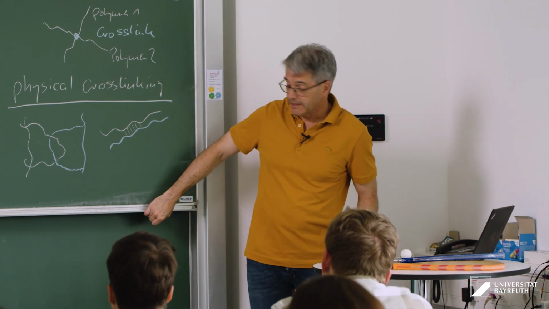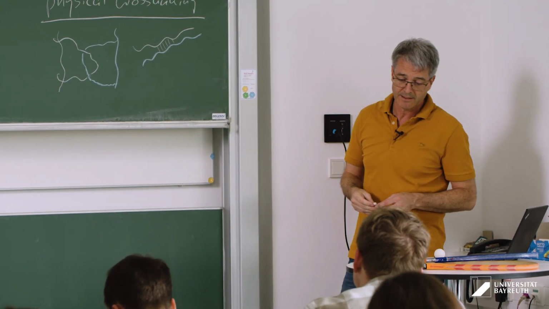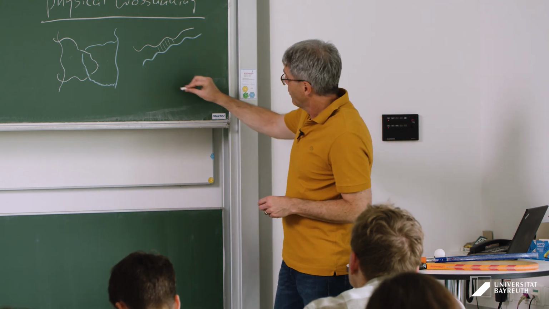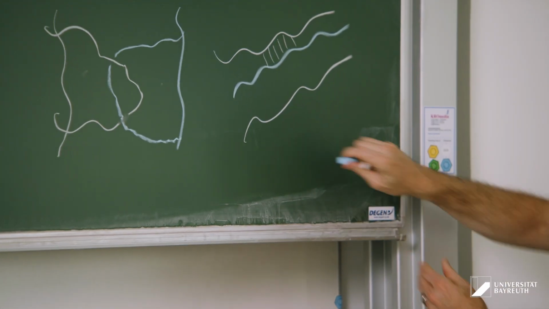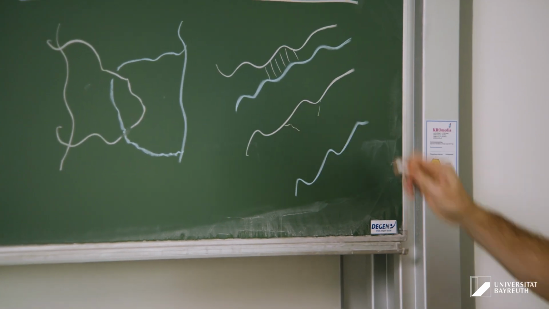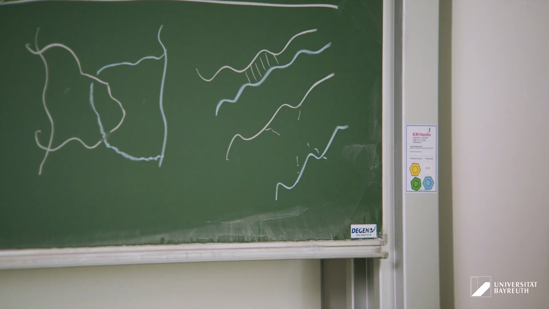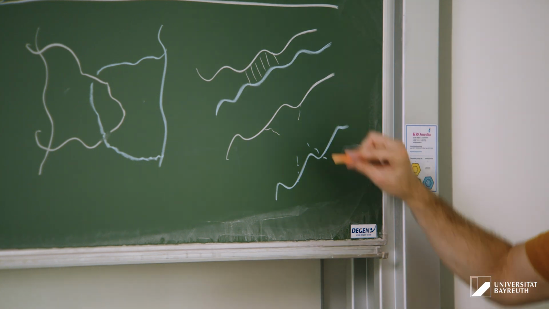And finally, a third possibility of physical interaction is metal chelation. So you can have two strands, and they have side chains that are able to chelate, for instance, metal ions.